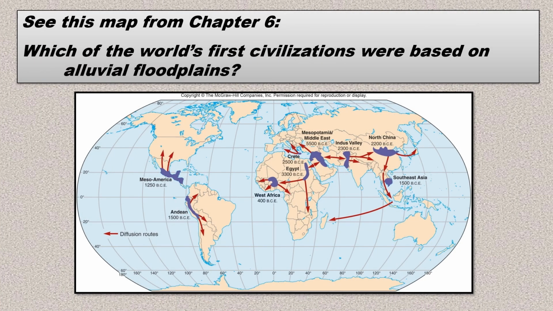Now, alluvium and alluvial floodplains are very important in world history, as we may see in Chapter 6 in Cultural Geography. Where were the world's first civilizations originating from? Well, it depends on how you want to define civilization.